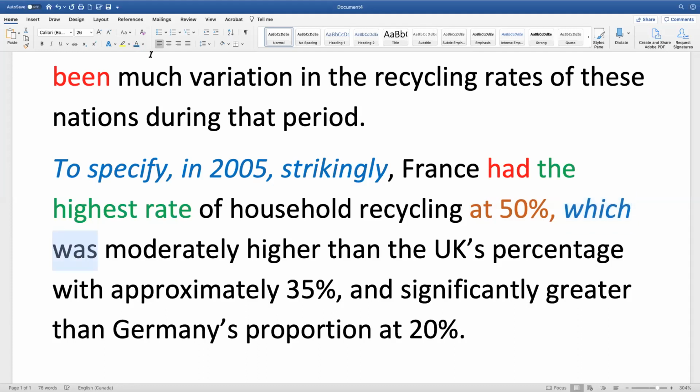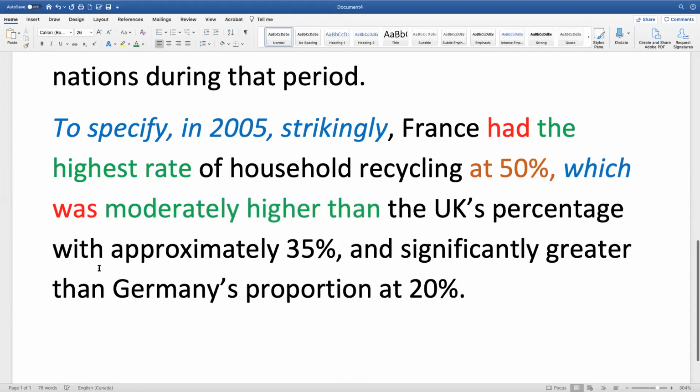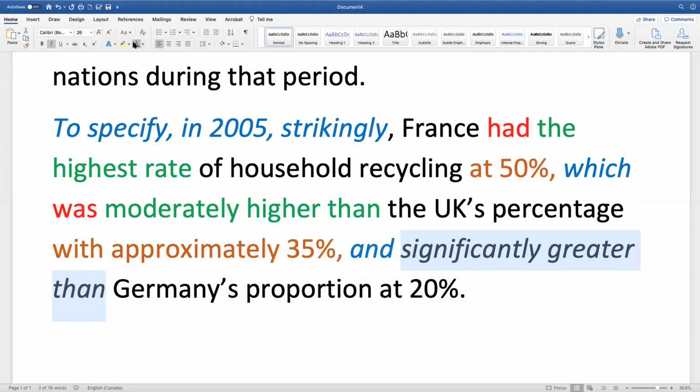Which was moderately higher than, is our comparative, the UK's percentage with approximately 35%. That wasn't exact. And significantly greater than Germany. Significantly greater than is our comparative. Germany's proportion of 20%.